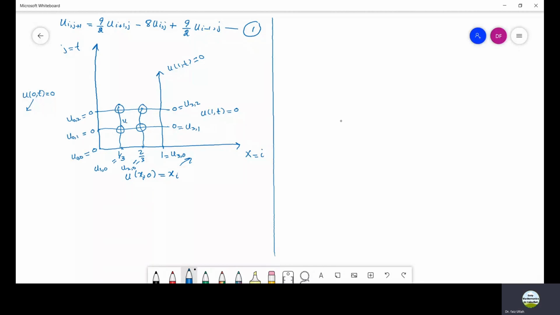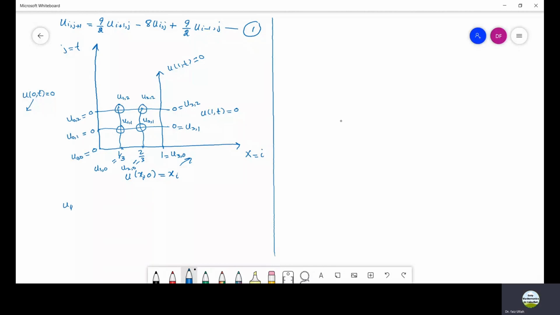Now this represents i is 1, j is 1. Look at this value. On this value we have i is 2 and j is 1. Look at this value. Here we have i is 1 and j is 2. Here we have i is 2 and j is 2. So the task is to find these values.